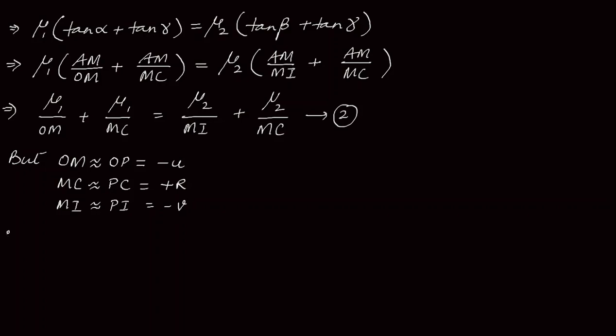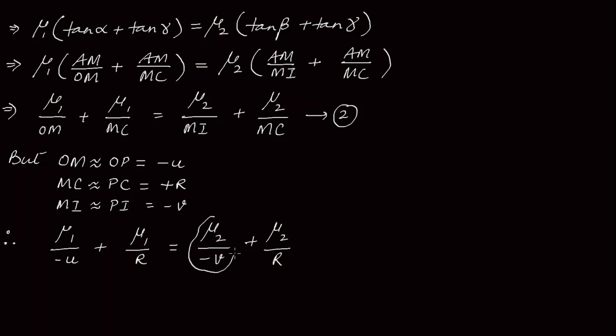So putting all these quantities in equation 2, you get mu1 by OM, that is minus u, plus mu1 by MC, mu1 by R, is equal to mu2 by MI is minus v, plus mu2 by MC is R. Again, I take this to the left side and this part to the right side.